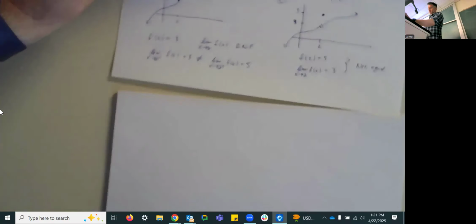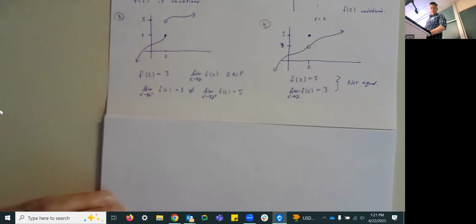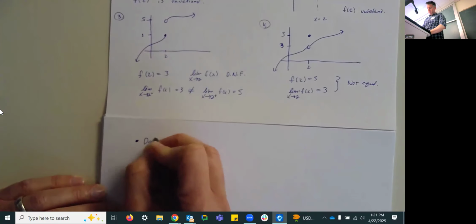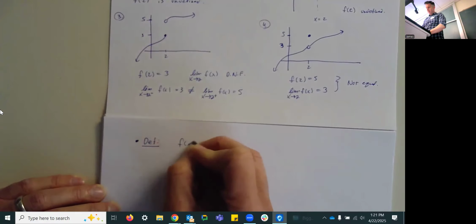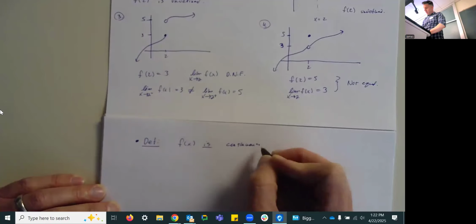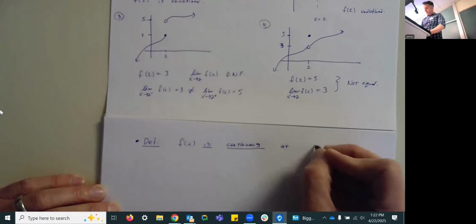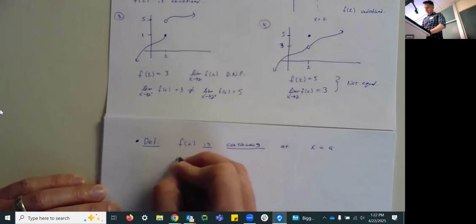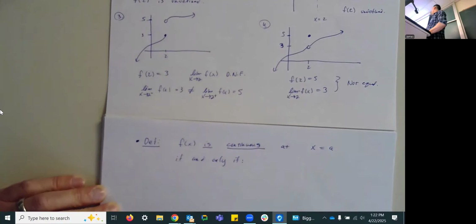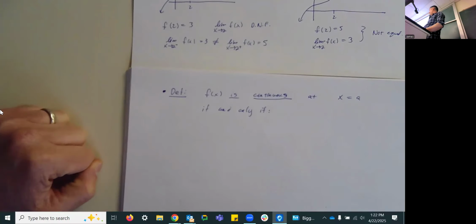So, we will say, definition. f of x is continuous at x equal to a if and only if... Now, really, this is a one-line definition, but we break it up into three parts.